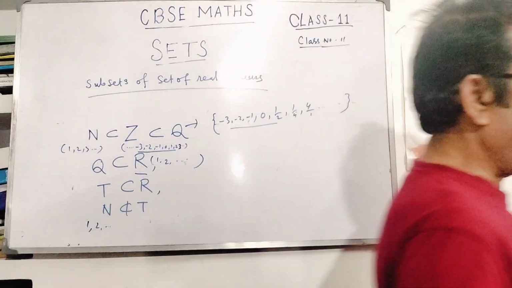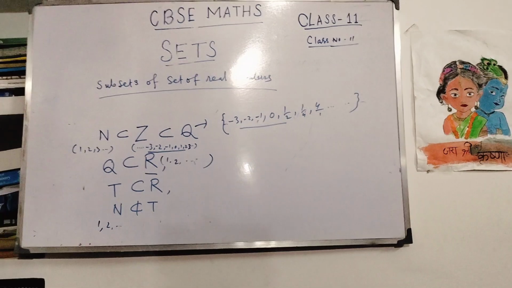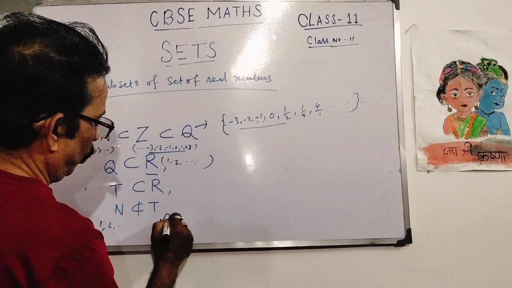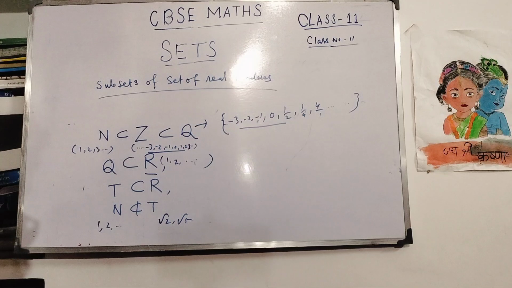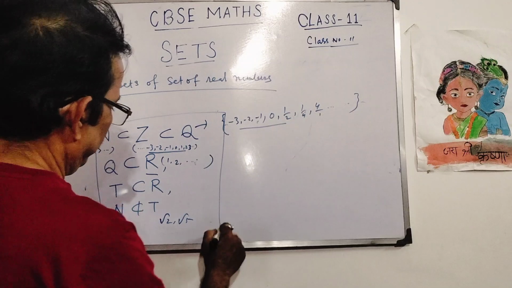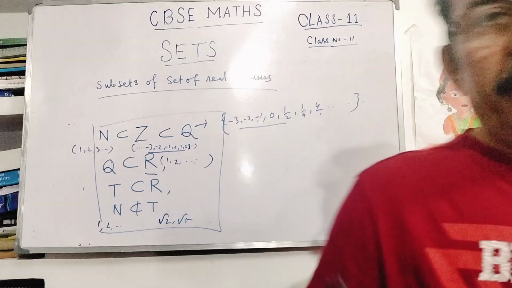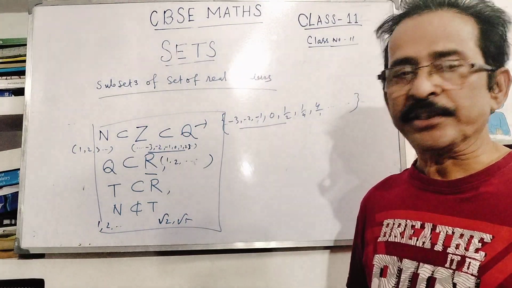So root 2 and root 5 cannot be a subset of this set. Understood? So it is very important. Please repeat it again and again and memorize it. It is very helpful to you.